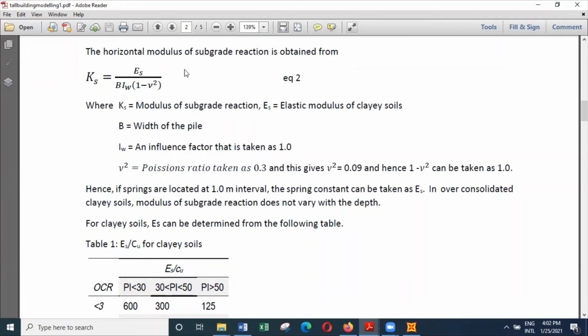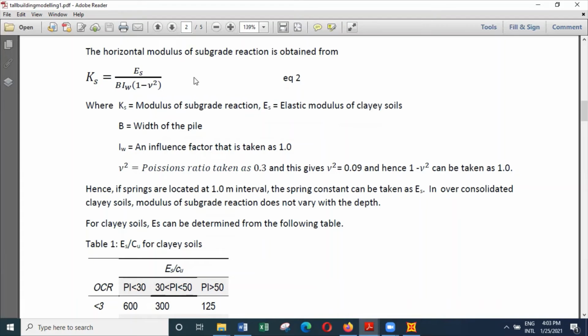Then you get the answer in kilonewtons per meter cubed. And then to find the spring constant, you have to multiply the horizontal modulus of subgrade reaction Ks by the area represented by the spring.